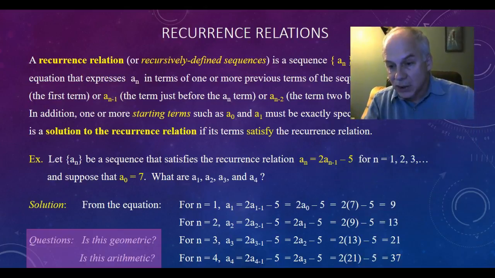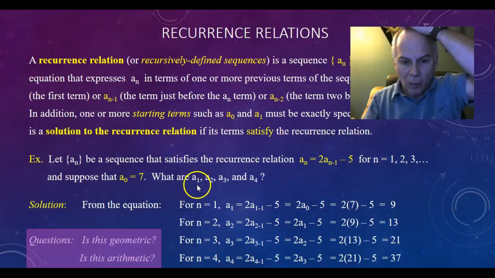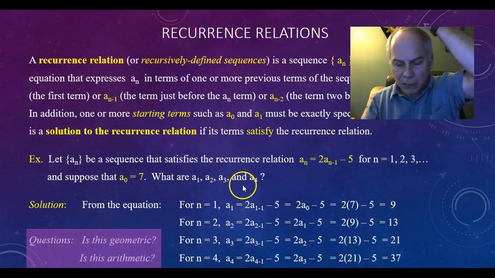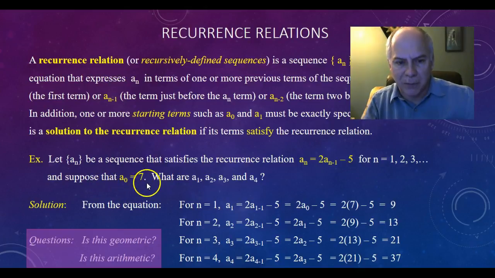All right? So let's look at these terms and figure out how to come up with, as it says in the problem, what are a sub 1, a sub 2, a sub 3, and a sub 4. Now, another important piece of information here is a sub 0 equals 7.